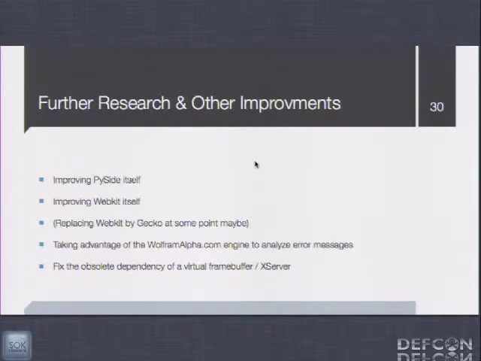Maybe it makes sense to replace WebKit in that approach by Gecko, because Gecko is the runtime engine of Firefox, for those who are not that familiar with the web browser architecture stuff. And Firefox and Gecko are, in the end, the higher quality projects, because for those of you who are into exploits and browser vulnerabilities, you know that there is a remarkable amount of WebKit exploits released in short periods of time.